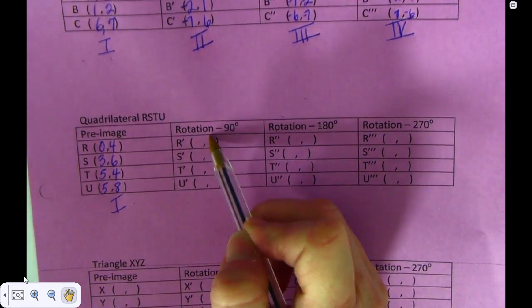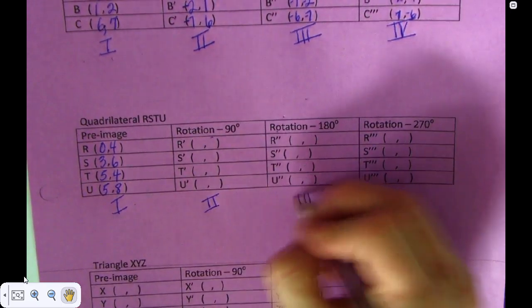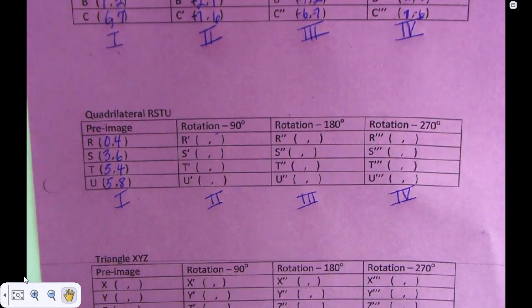So if I make a 90-degree counterclockwise turn, I'm going to be in 2, then 3, then 4. Okay, go. Fill out the chart.